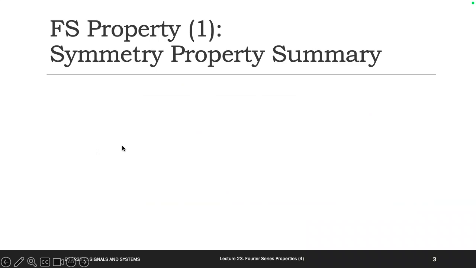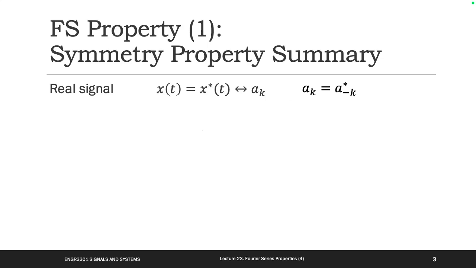Let's review the symmetric properties. For real signals, what's the property for the FS coefficients? Do you remember? For a real signal, we have a_k equal to a_{-k} conjugate, and we call it conjugate symmetric.